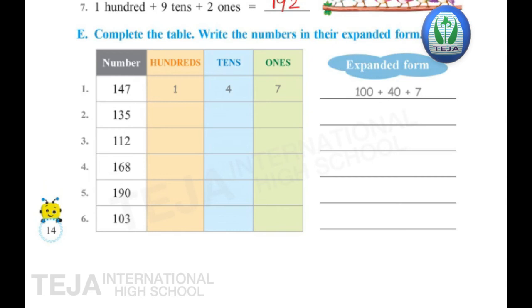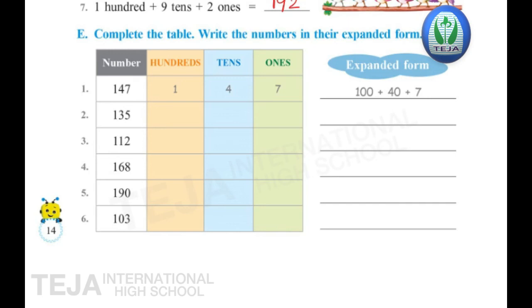Here 7 is in ones place, 4 is in tens place and 1 is in hundreds place. And the expanded form of 147 is 100 plus 40 plus 7. Okay, as 7 is in ones place, 4 is in tens place, so the value is 40 and 1 in hundreds place means the value will be 100.